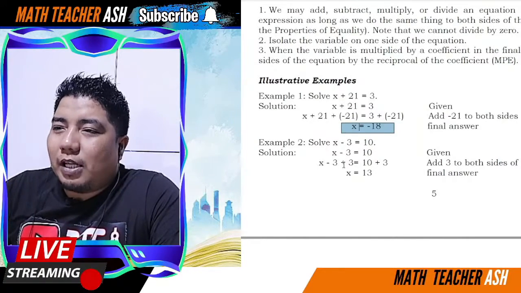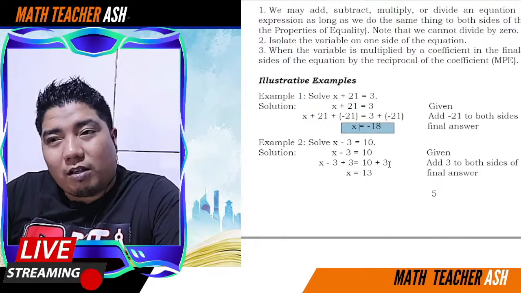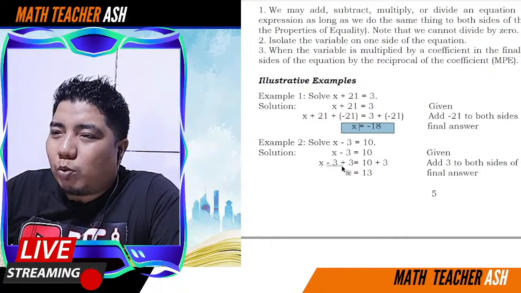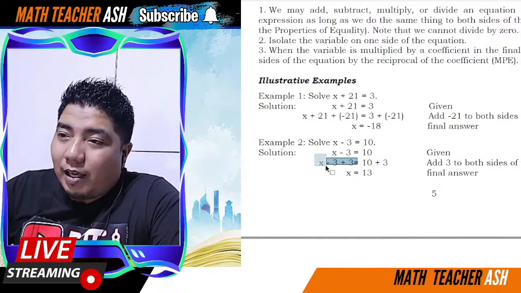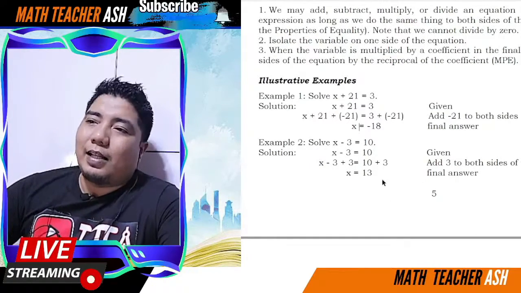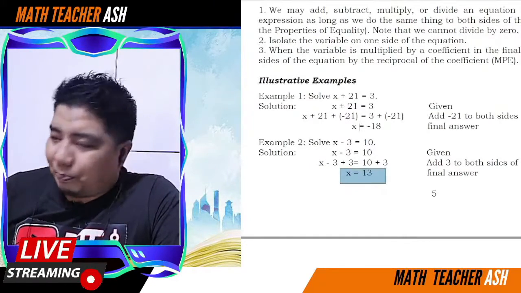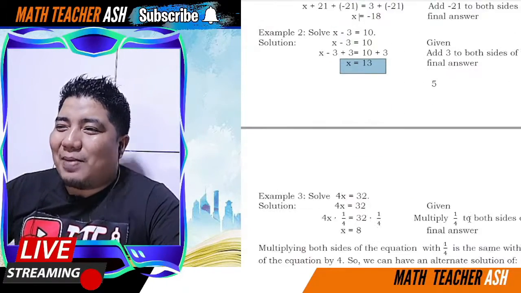So, x minus 3 plus 3 in the left, we add also plus 3 on the right. So, when you add this one, negative 3 and plus 3, that will become 0, leaving x na lang. So, x na lang dito. Of course, 10 plus 3, that is 13, and that will be your final answer. Alright, napakadali lamang po, my dear math learners.